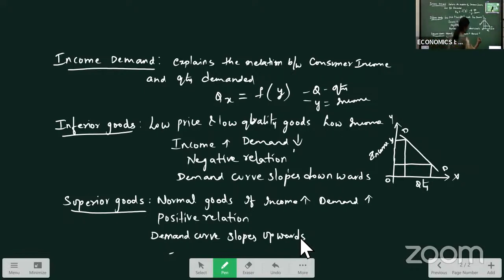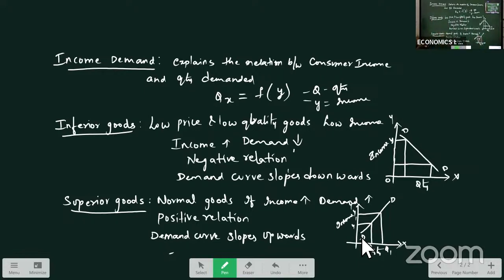Sloping upwards means what? Just see the graph here. On the x-axis quantity, on the y-axis income: OY is the income and OQ is the quantity. As the income increases, demand also increases.